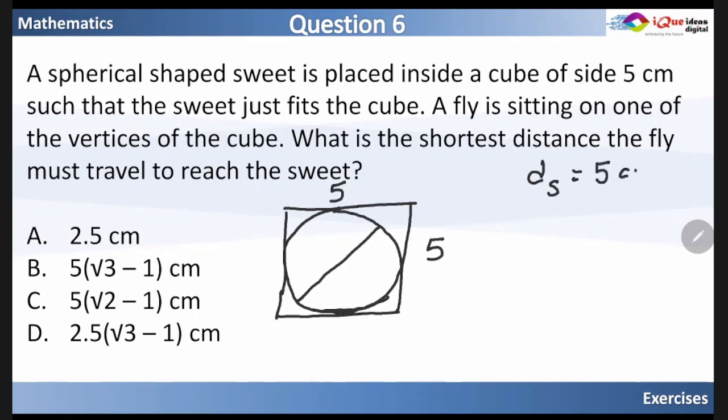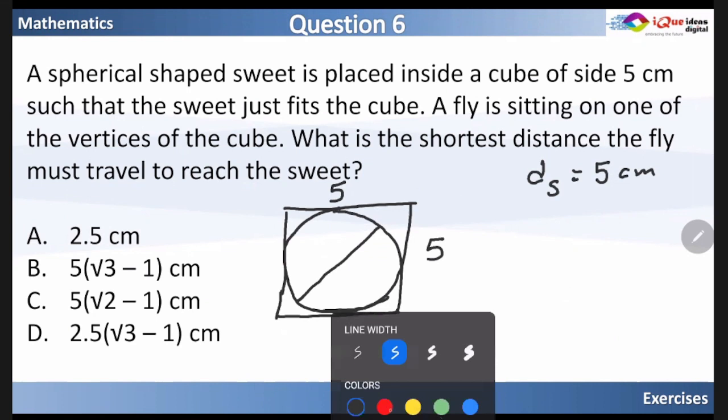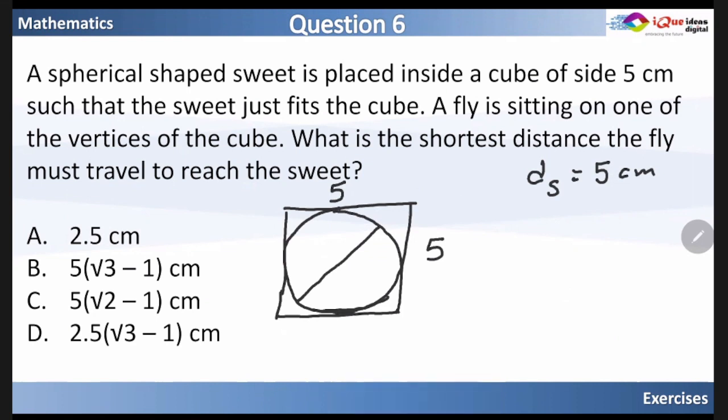So that is equal to 5 centimeters, right? And the cube is all the same. So can I say that I need to find out the distance between one of the vertices and the sphere? The shortest distance will be this particular length, correct?